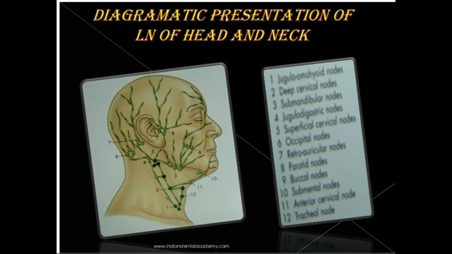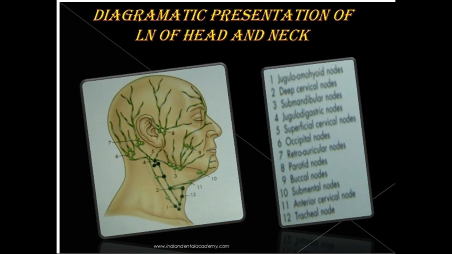So this is the diagrammatic representation of the head and neck lymph nodes. This is not a clear picture, but I want to show you just one representation. The first one is the jugulo-omohyoid nodes. This is the one.